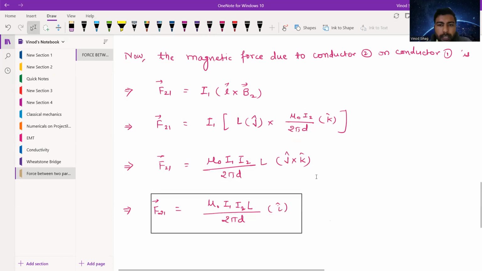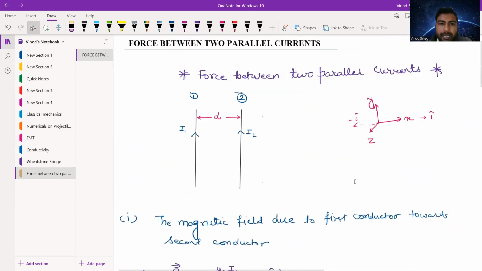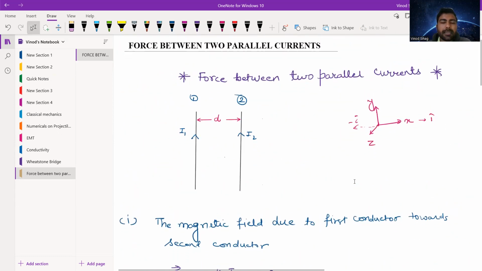So if we see carefully, it is in the i cap direction. Okay, i cap means in the right direction. So we can see that the force due to second conductor on first conductor will be towards the second conductor only. That means both the forces F12 and F21 are equal in magnitude but opposite in direction.